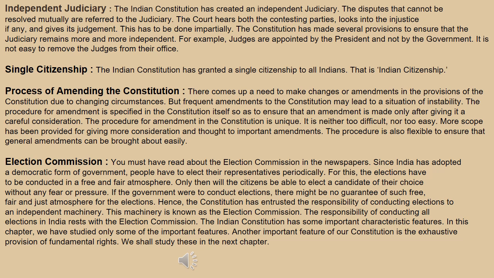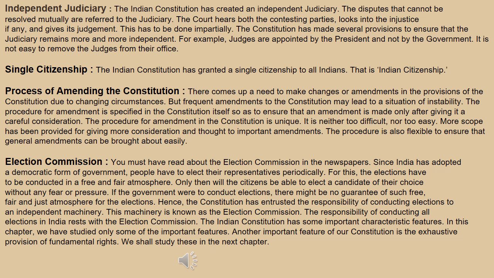If the government were to conduct elections, there might be no guarantee of such a free and fair and just atmosphere for the elections. Hence, the Constitution has entrusted the responsibility of conducting elections to an independent machinery. This machinery is known as the Election Commission.